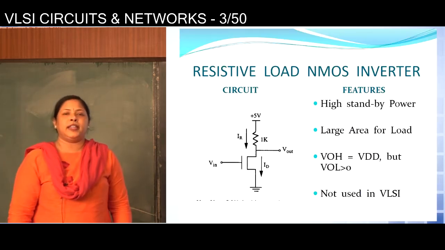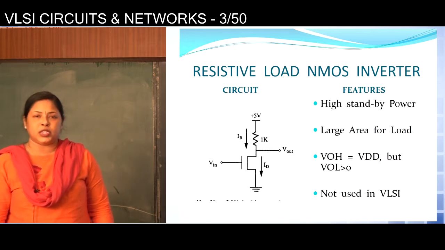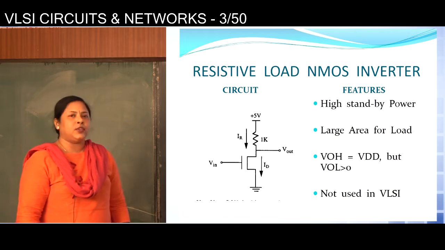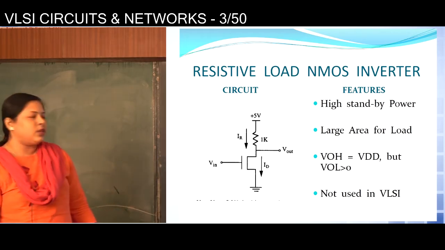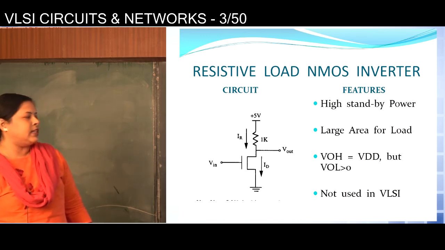Now already in analog electronics you have designed inverter circuit using BJT and resistance. So in this circuit what we have done, we have basically replaced the BJT using one NMOS transistor, and at the load we have connected one resistance.